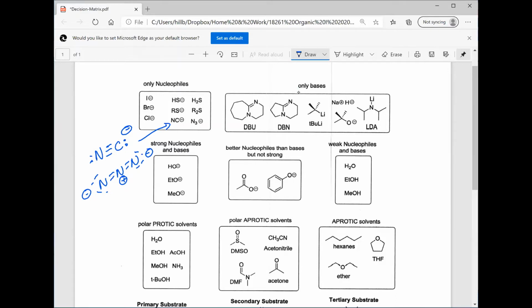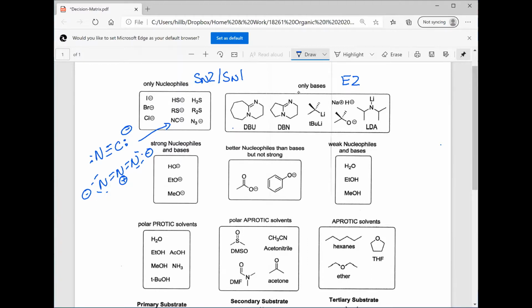So that would be things that are only nucleophiles. If it's only a nucleophile, this means it's only going to do an SN2 or an SN1. Things that are only bases are going to do only E2. And why not E1? Because they're such strong bases that it's just going to be E2. So that's helpful. Then there's a series of compounds that could be Lewis bases that could be both, right? So hydroxide, ethoxide, and methoxide.